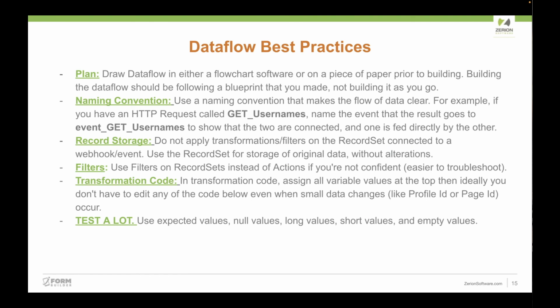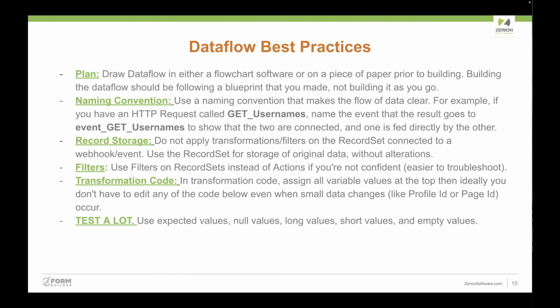For example, if you have an HTTP request called get usernames, name the event that the result goes to event get usernames to show that the two are connected and that one is fed directly by the other. That's exactly what we see with our forms, with our naming convention, parent forms, and subforms. So just try to show the relationships as much as possible when you're naming within your data flow.